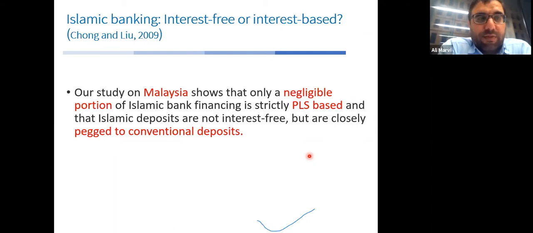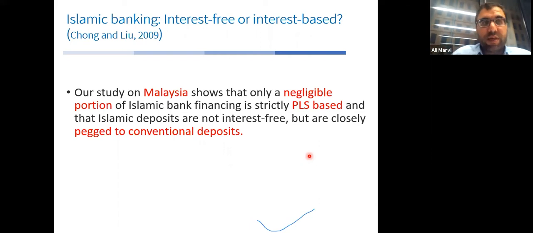The main difference between these contracts and interest-based debt contracts is that in these contracts, the contract must include a specific good or service, and the contract must be made actually for that specific good or service.